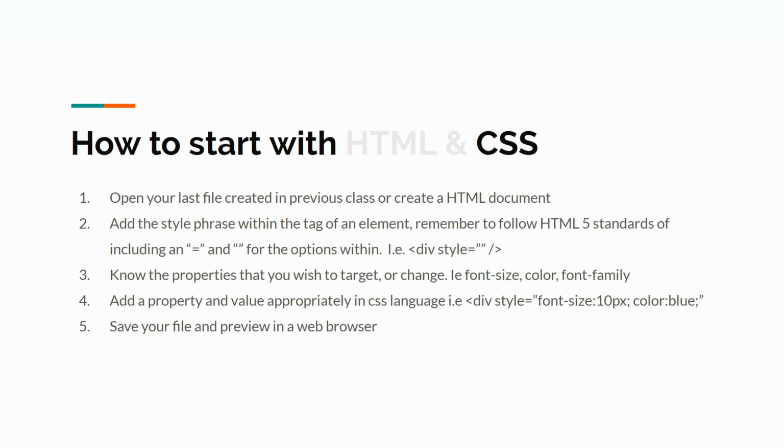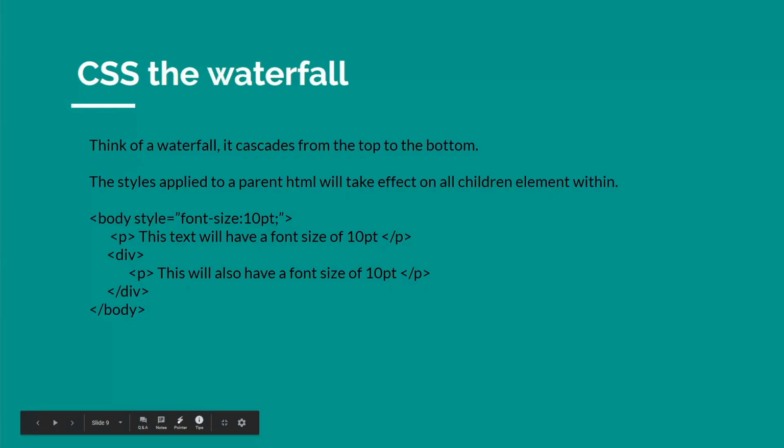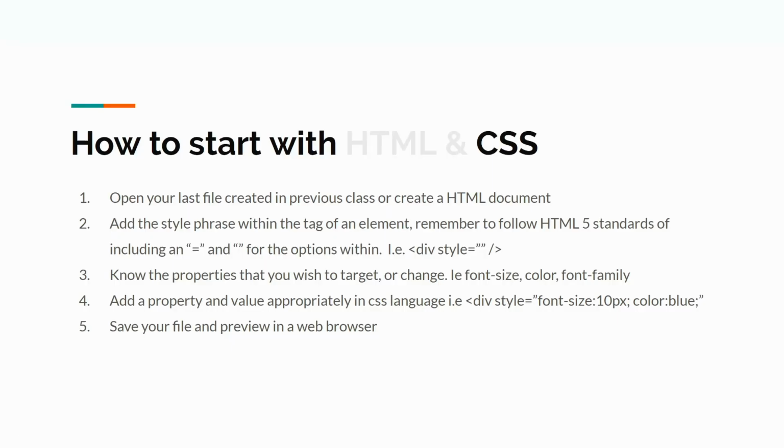And in this, all we have to do is add the style property, or what they call in technical terms the attribute, to the element, and you just make sure that you follow the HTML5 standards by adding an equals and quotes. So for example, you have the div tag with the style and the quotes. Whatever you want to be the style will be within.